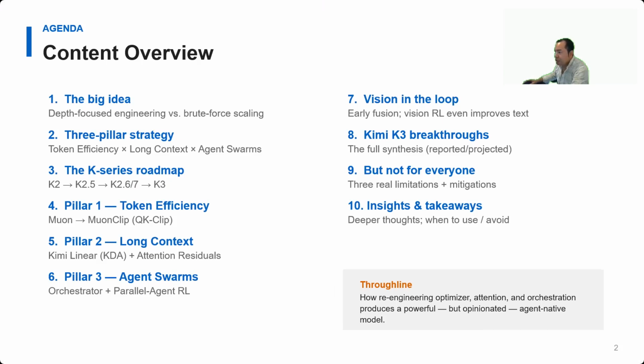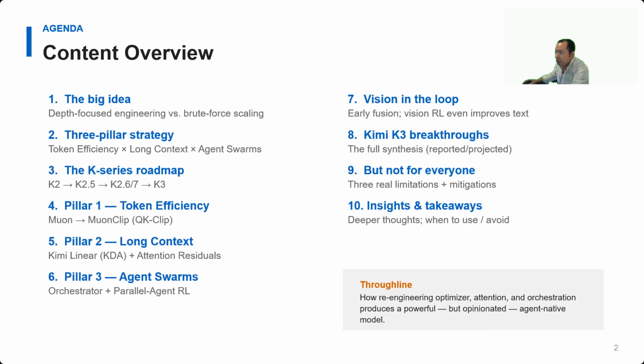To be honest about the three limitations of Kimi K3, I think that is the reason for the statement that Kimi K3 is not for everyone. I will close with some deeper insights: what this tells us about where frontier AI is heading, and concretely when you should reach for Kimi K3 versus when you shouldn't.